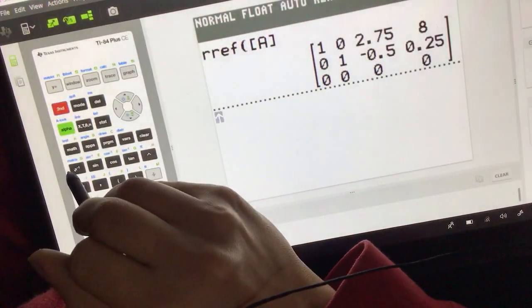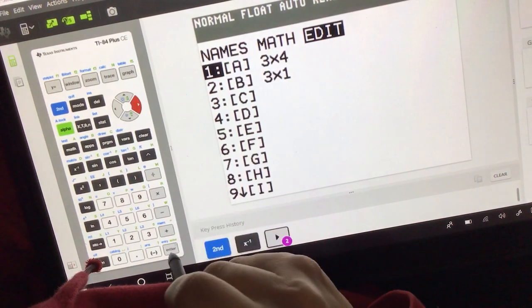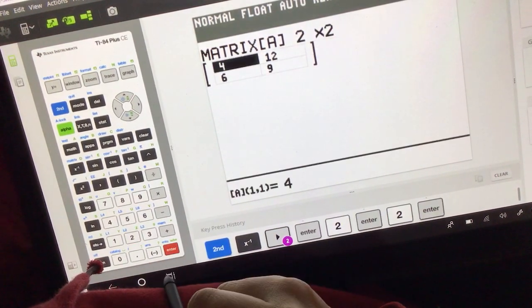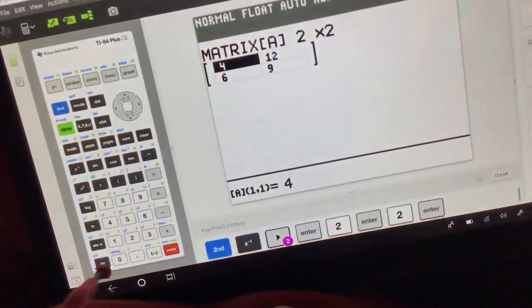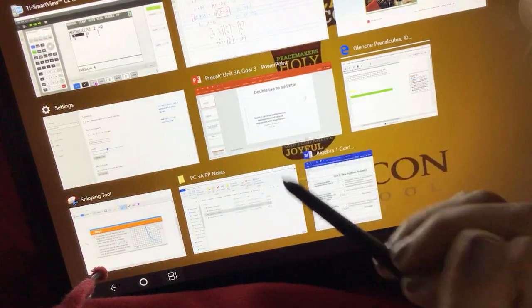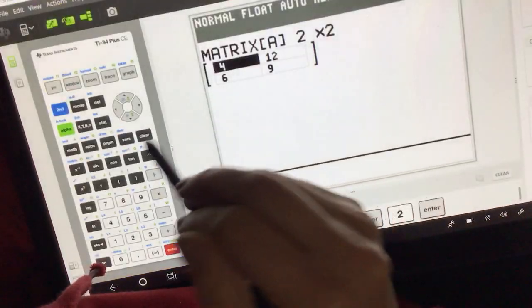Okay, so remember, go to second matrix, go over to edit. Matrix A, we need it to be a 2 by 2. Our values that we want are 1, 1, 4, negative 5. So let's go back and type those in.